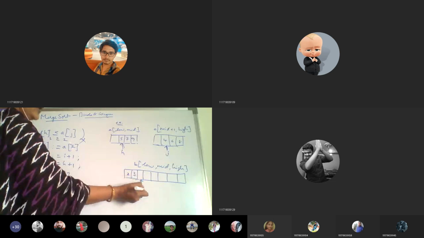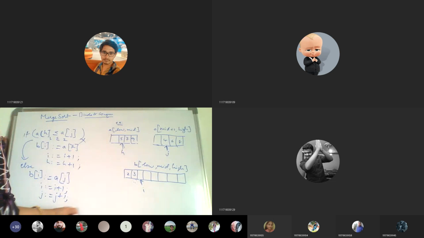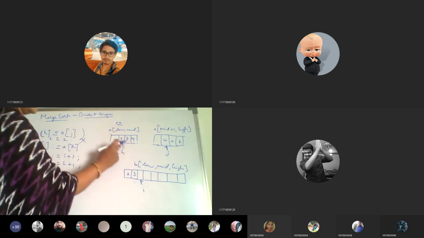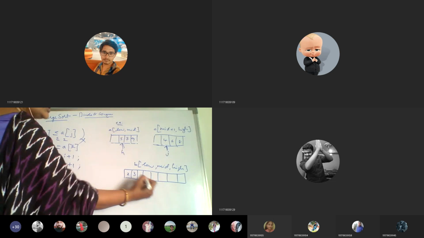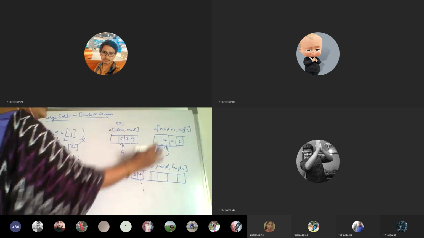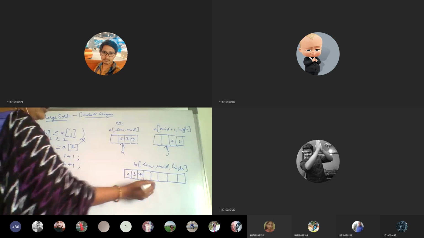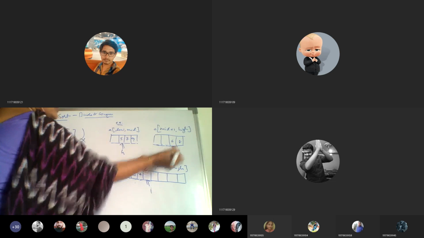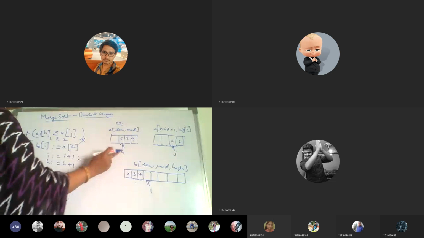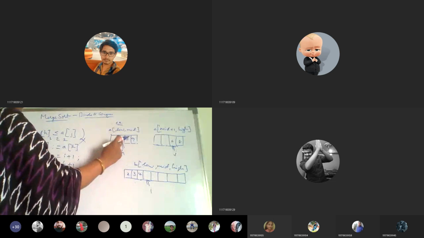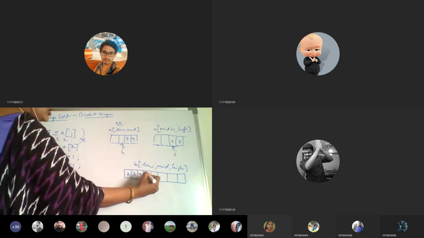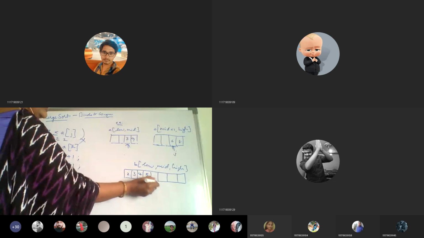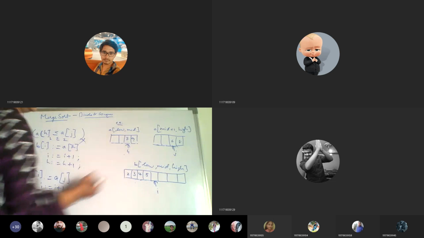Then again compare A of H and A of J. So 3 and 4, since 4 is the minimum, you copy 4 here and increment this pointer as well as the pointer from where it is copied. Again, 3 and 5 and 6. 5 will be smaller, that is copied, and increment the pointers. This is I and this is H.